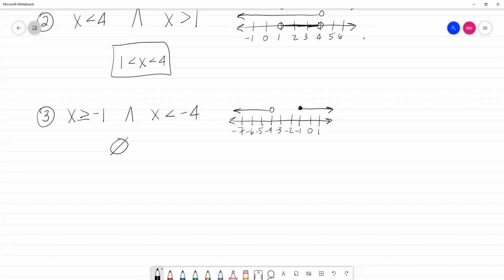Remember this guy? So it's an empty set. So this means there is no solution for x. There is no number that is both greater than -1 and less than -4. Right? It doesn't exist. They're in two opposite directions.